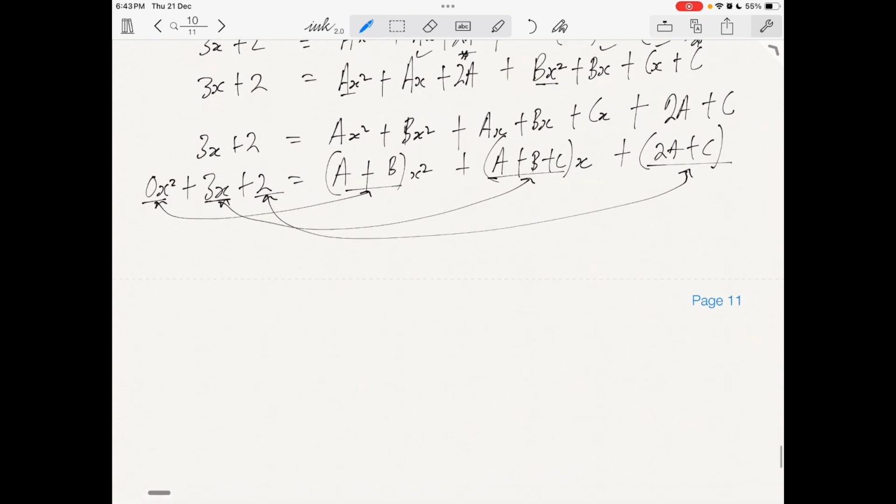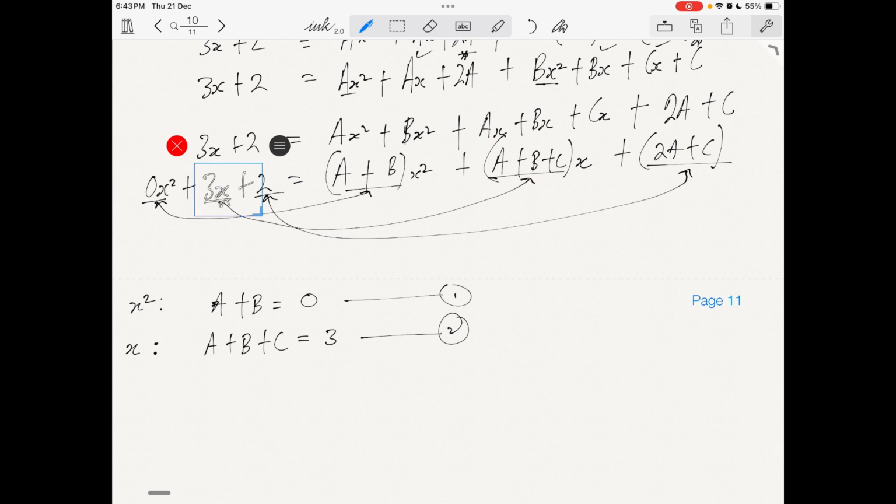Let's start with x squared: a plus b equals 0, equation 1. For x: a plus b plus c equals 3, equation 2. For the constant term: 2a plus c equals 2, equation 3.